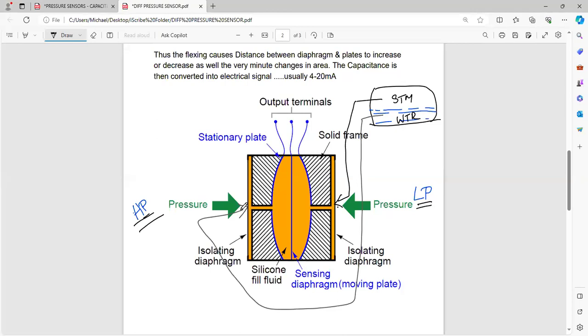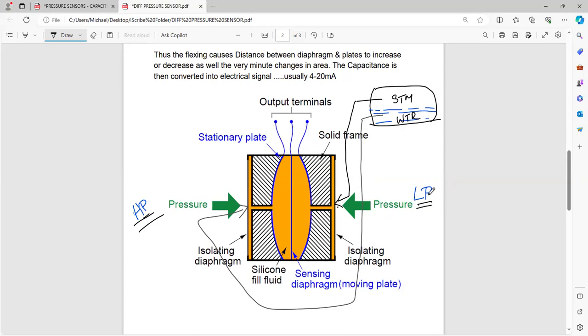Right or wrong? So don't get confused with what is low pressure, what is high pressure. It depends on which one it is connected to. So when it's connected to this part, you're getting the pressure of the water plus the pressure of the steam, and therefore it is relatively high pressure. Here it is only the steam pressure, and that's why it is connected to this one, and it is termed low pressure.